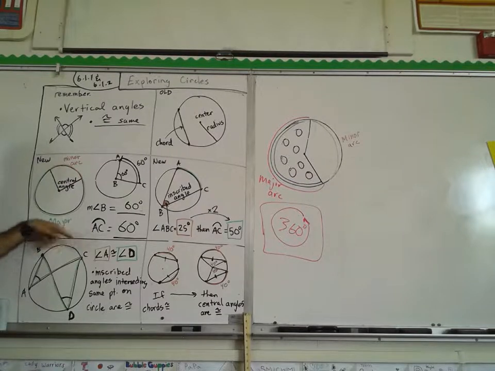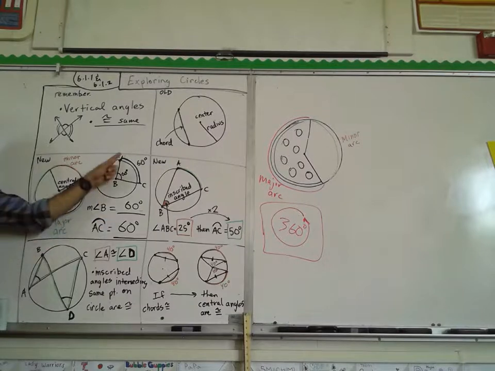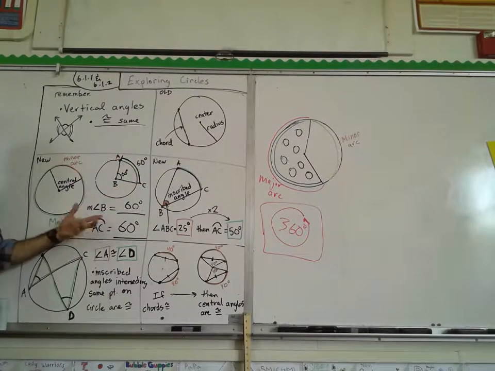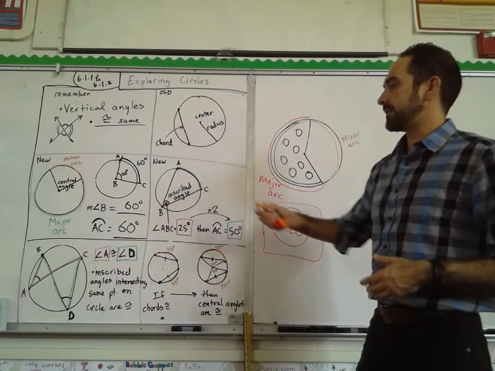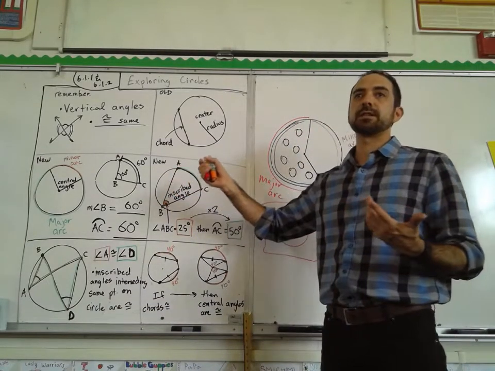Instead of a straight line, which would be a segment, this is just the arc. That's the arc AC. That's why we put that little arc symbol to remind us. So again, there's going to be two kinds of problems. There's going to be central angles, which just match the outer arc. They're the same. And then the other option is inscribed angles. That's the only other option we have here.